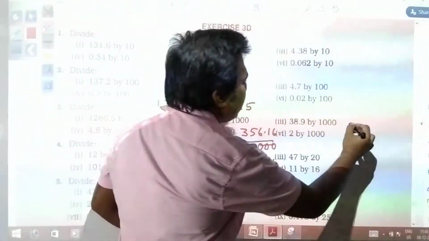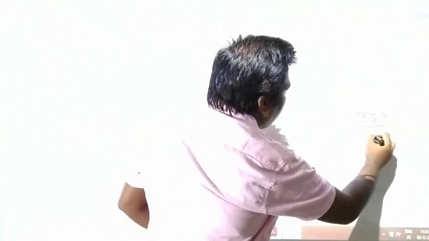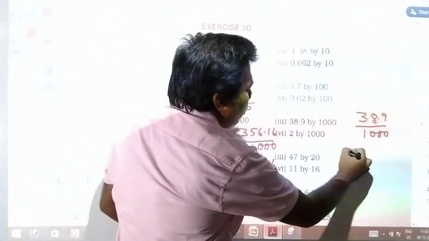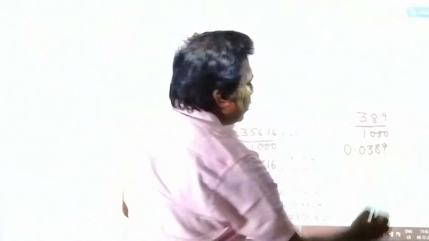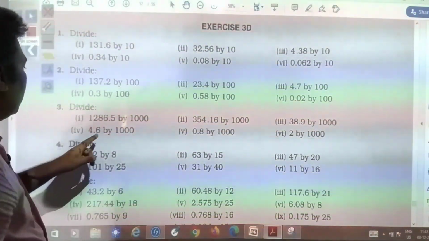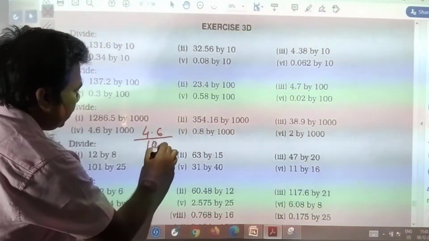Here you see, 38.9 divided by 1000. 3 places you need to come left side. So 0.0389 will be your answer. Next, you have 4.6 divided by 1000.